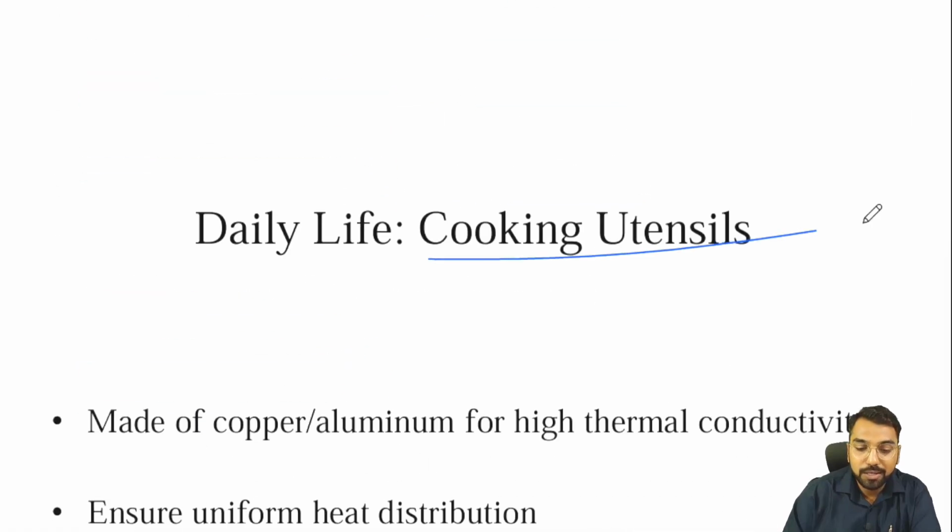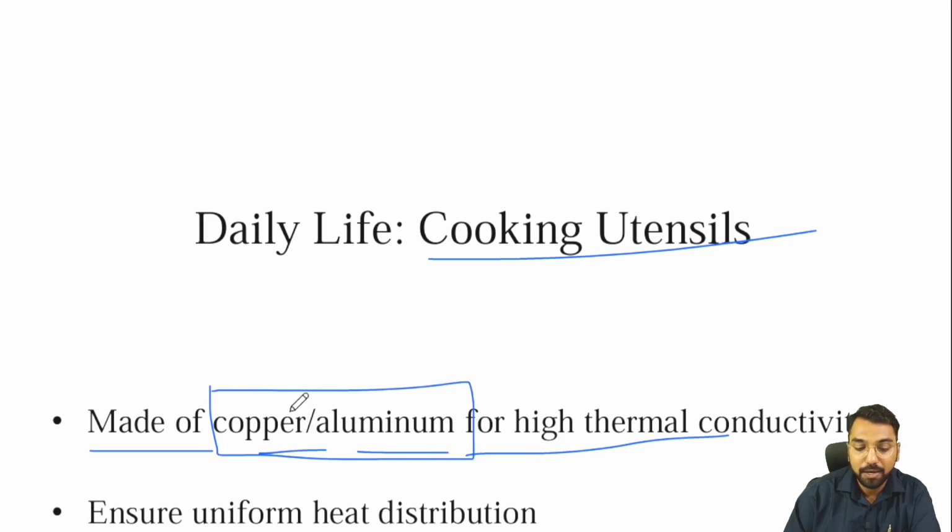Cooking utensils are a daily life example of why they are made of copper or aluminum, materials of high thermal conductivity, so that whatever food you cook will cook easily and fast. These metals are preferred to ensure uniform heat distribution, so that heat can transfer easily.